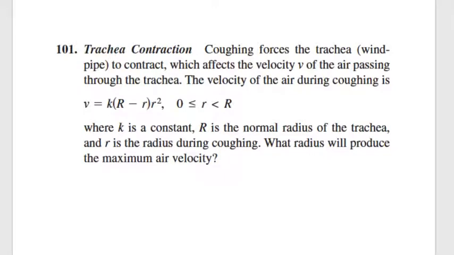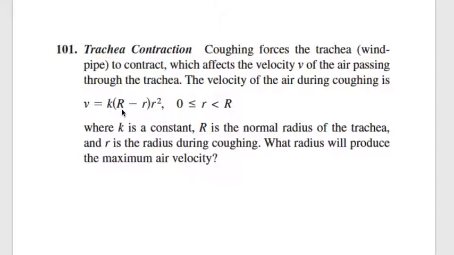In this exercise, we study the velocity of air going through the trachea, and the equation for the velocity is given. We have v equals k times (capital R minus small r) times r squared. That's the velocity going through the trachea. K is a constant.